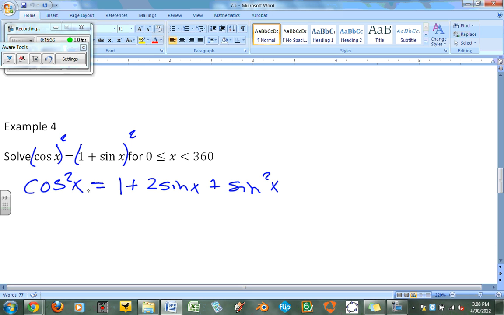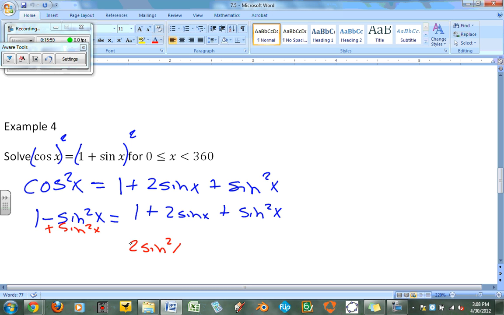I know that cosine squared x, we can make this 1 minus sine squared x. And from here, let's get everything to the same side. We'll factor in all that fun stuff that we've already done before. So let's add sine x, sine squared x, add these two. So now I have 2 sine squared x.